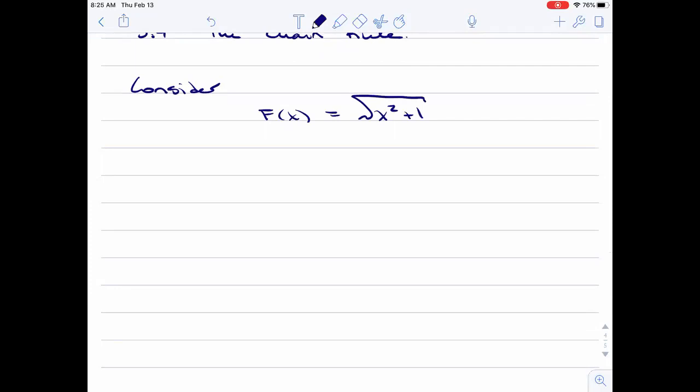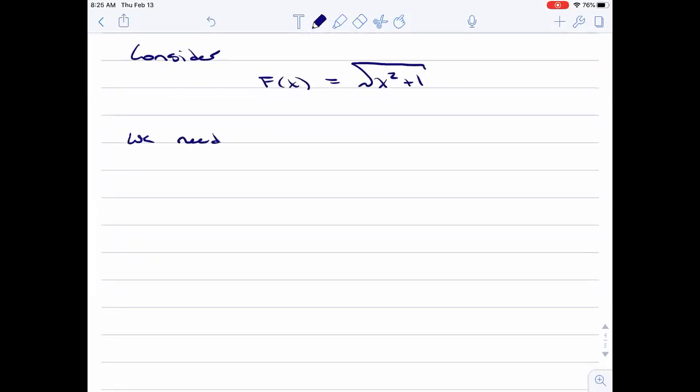Even if you rewrote this as x squared plus 1 to the 1/2, we don't have a tool to deal with this, right? We can't really rewrite it as a product because it's to the power of 1/2. And so this is where the chain rule comes in.